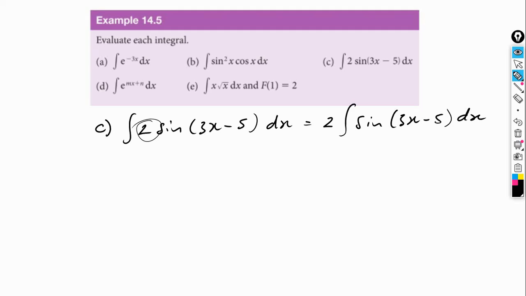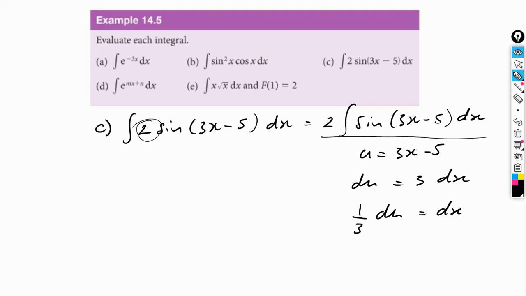So then u would simply be equal to 3x minus 5, but the derivative of u is going to equal 3 dx, or 1/3 du is equal to dx. So now we're ready to substitute.